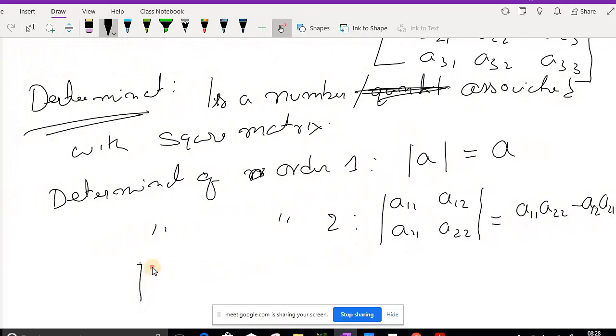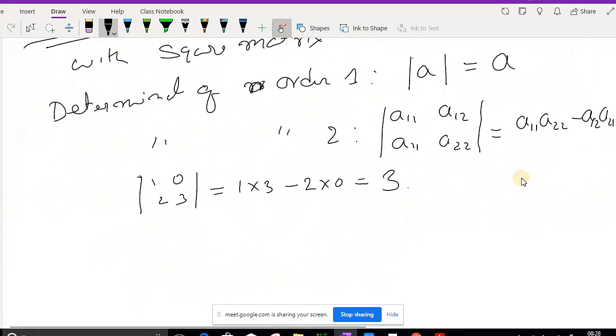For example, the determinant of the matrix 1 0 2 3 is 1 into 3 minus 2 into 0, which is equal to 3. To find the determinant of a 2 by 2 matrix, you just have to do this.